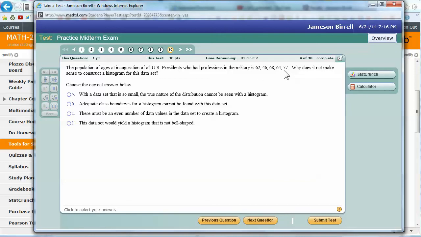But if there were only 5, why does it not make sense to construct a histogram for this data set? Well, histograms come from frequency distributions, and those frequency distributions are supposed to summarize large sets of data where we typically create 5 to 20 class intervals, most commonly for ours 5 to 11.